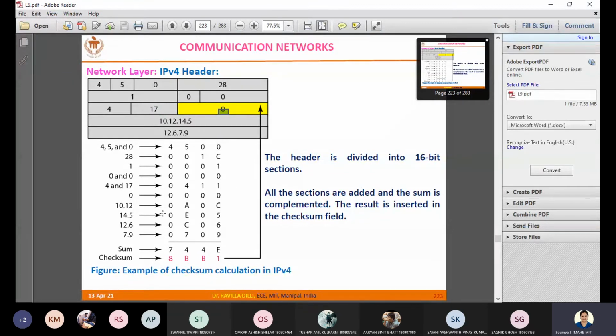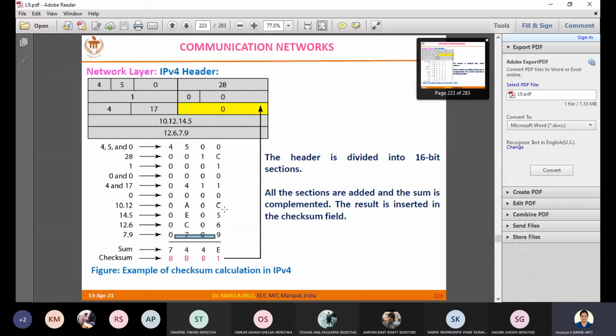Then you consider the source address and the destination address. Which would be 10, 12, that is 0A and 0C. 14 is 0E, 5 is 05. Next the destination address: 12 is 0C, and 7, 12.6, 6 is 06, 7 is 07, 9 is 09.